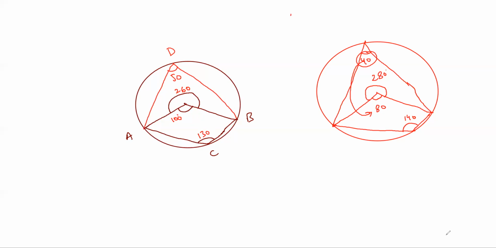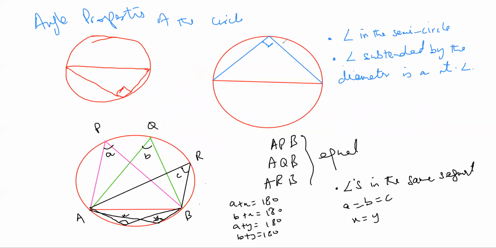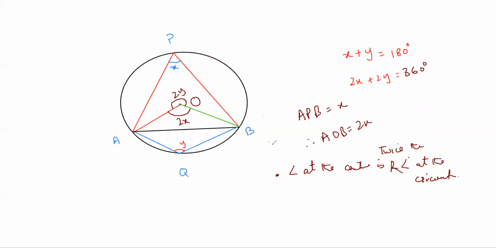Angle at the center is twice the angle at the circumference. Then angles in the same segment are equal. An angle in the semicircle is a right angle.